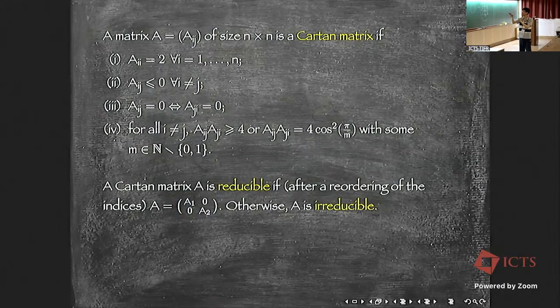But here there is no reflection group involved. It's simply a matrix, an m by m matrix. Such a matrix is reducible if, by reordering the indices, you can make a decomposition like A1, A2, but otherwise I call it irreducible.